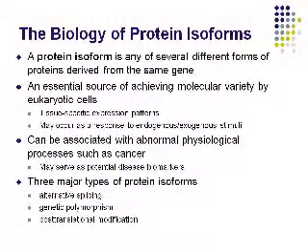An isoform is any of the several different forms of proteins derived from the same gene. And protein isoforms, as we mentioned earlier, are an essential force for achieving molecular diversity in eukaryotic cells, so obviously they're very important for mechanistic studies or even diagnostic applications.